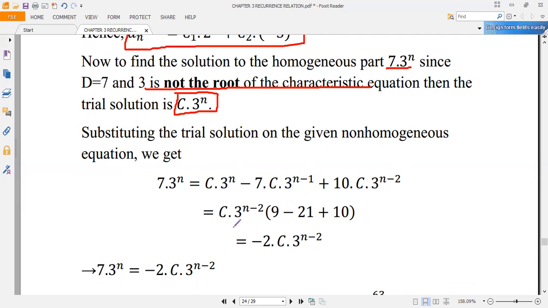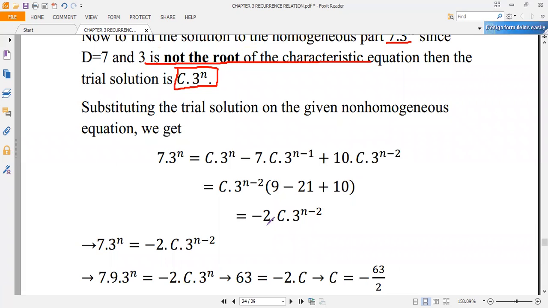Now, taking c times 3 to the power of n minus 2 as common, what's left is 3 squared, which is 9, then minus 7 times 3, which is minus 21, and what's left here is 10. Adding these, you will get minus 2 times c times 3 to the power of n minus 2, which is equal to 7 times 3 to the power of n.